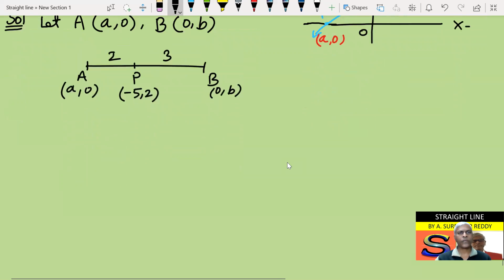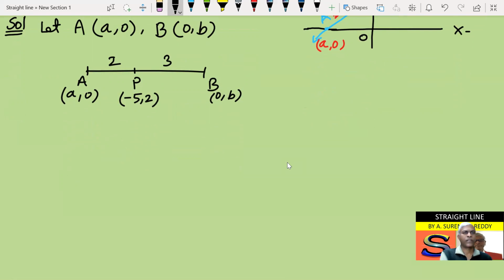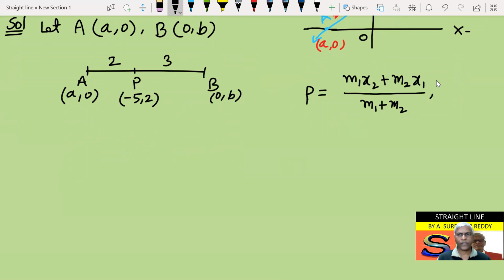Now, the coordinates of P by the division formula, where P can be taken as m1 x2 plus m2 x1, if the ratio is m1 is to m2, by m1 plus m2, and m1 y2 plus m2 y1 by m1 plus m2.